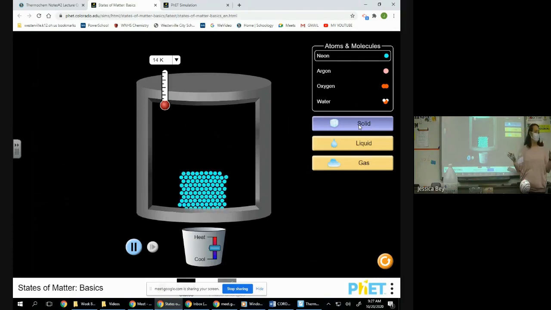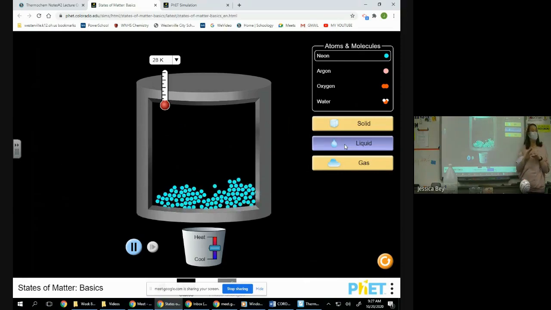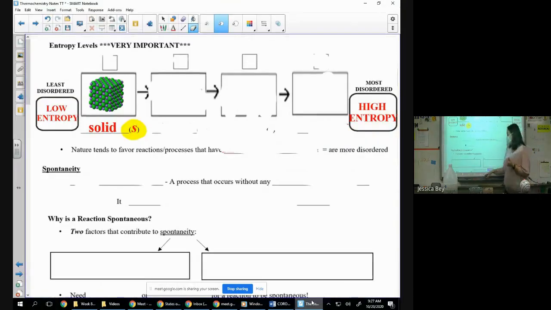So everything is organized. Awesome. The next thing that you can have is a liquid. In a liquid, they're still pretty close together, okay? But they're going to slide around each other. Sometimes one might take off and become a gas, but they're moving and shaking. Things are a little bit more disordered. So the next one is going to be a liquid.